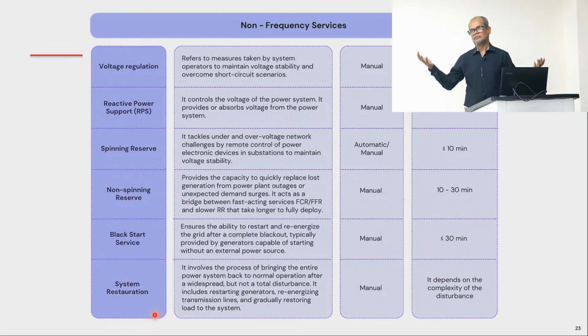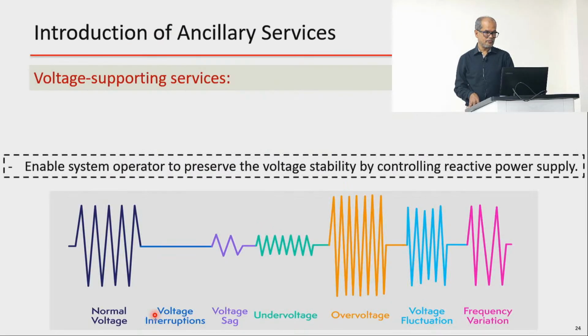The operator will see which devices to start first, and then gradually which load to bring online. So they do it manually, but at the same time they definitely check the system performance as well.